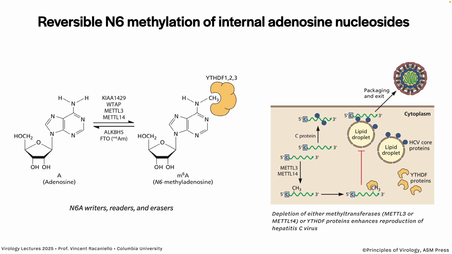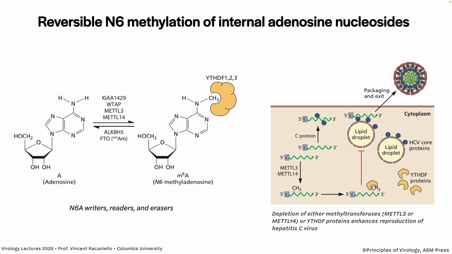And so one example is in the hepatitis C virus genome replication, the viral RNAs associate with lipid droplets in the cell before they're packaged into virus particles. And if you have certain residues methylated, that inhibits incorporation of the genome into the virus particles.